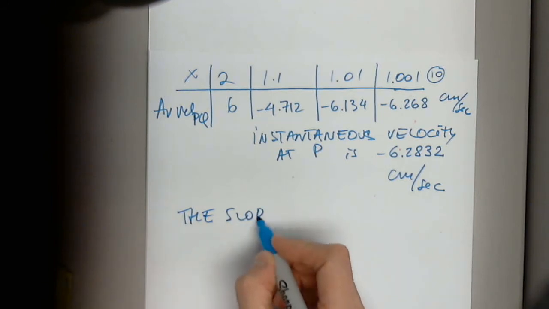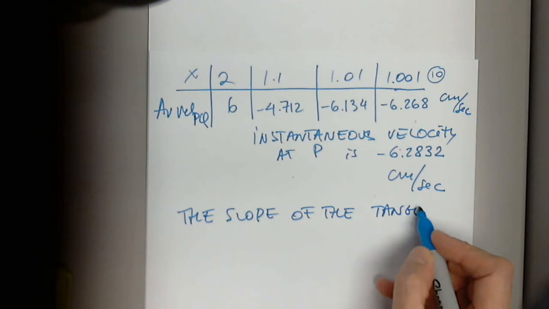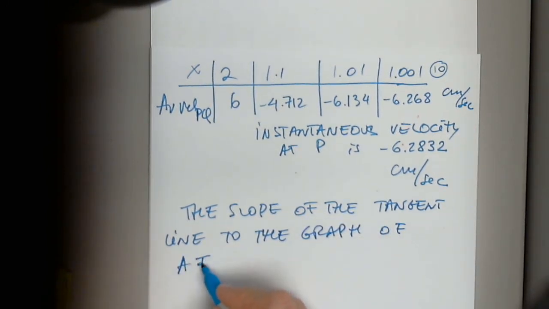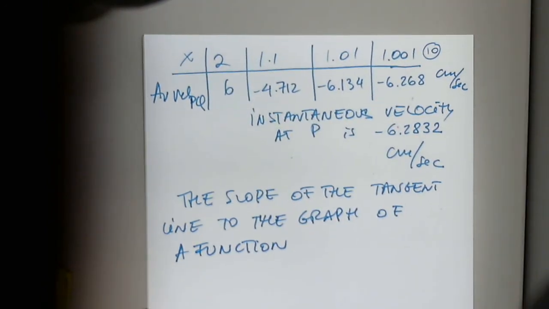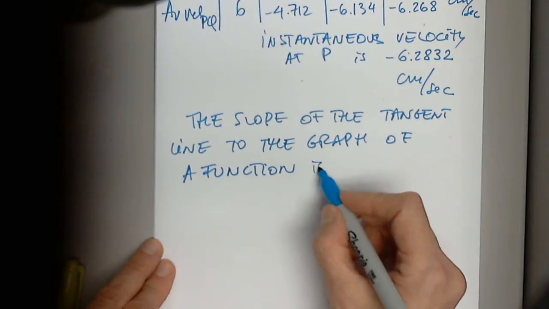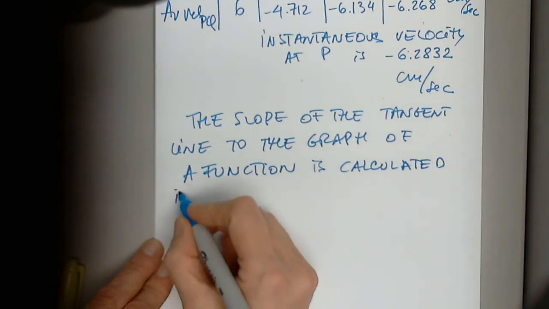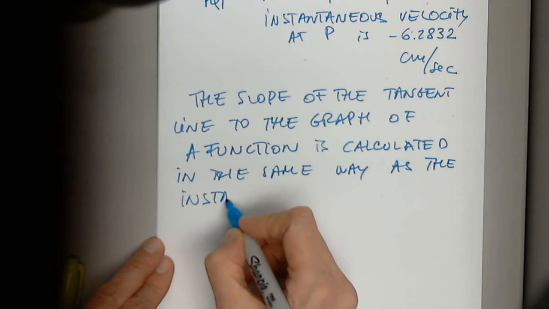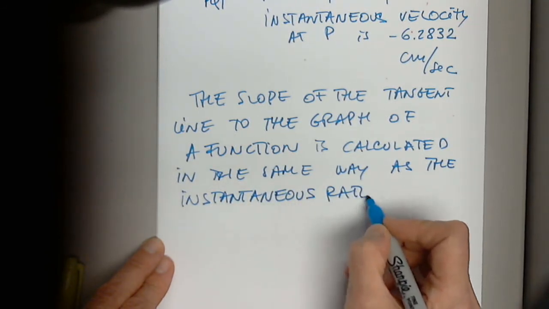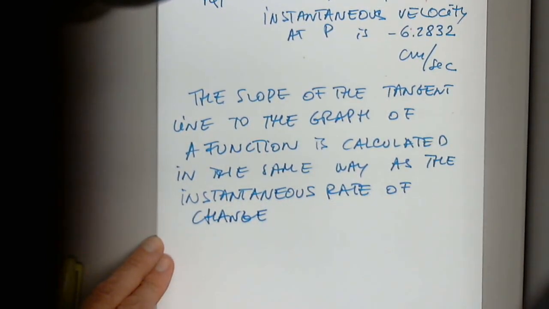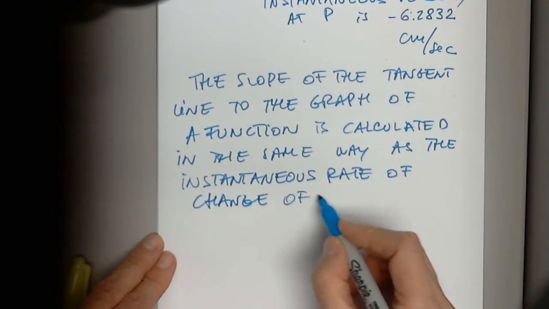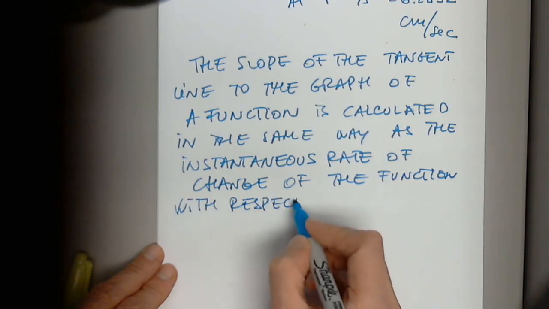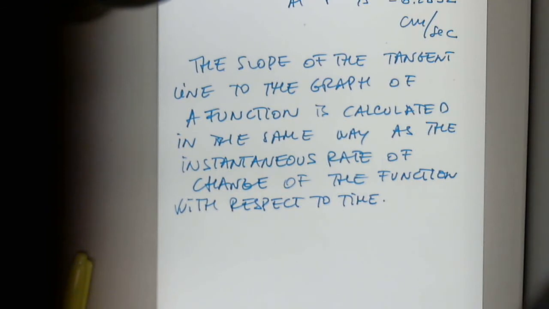So the slope of the tangent line to the graph of a function is calculated in the same way as the instantaneous rate of change of the function with respect to time. Same concept, identical.